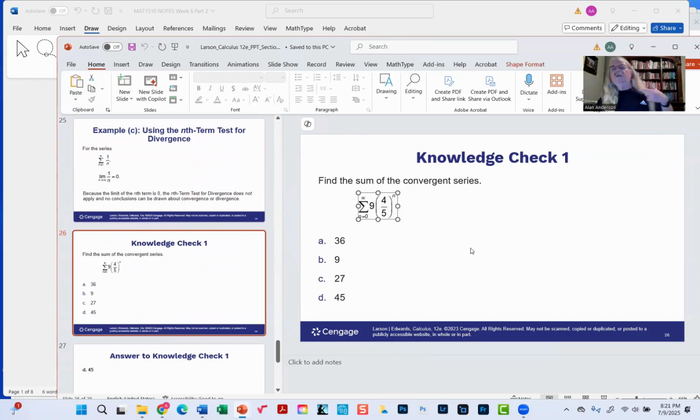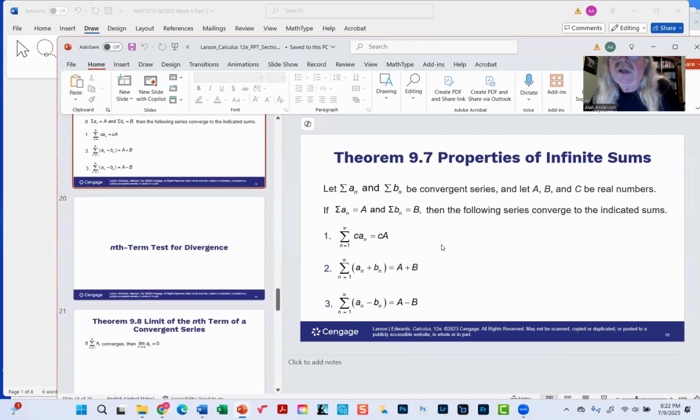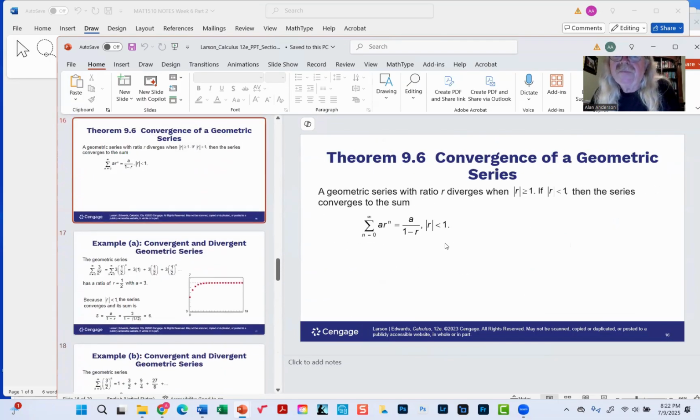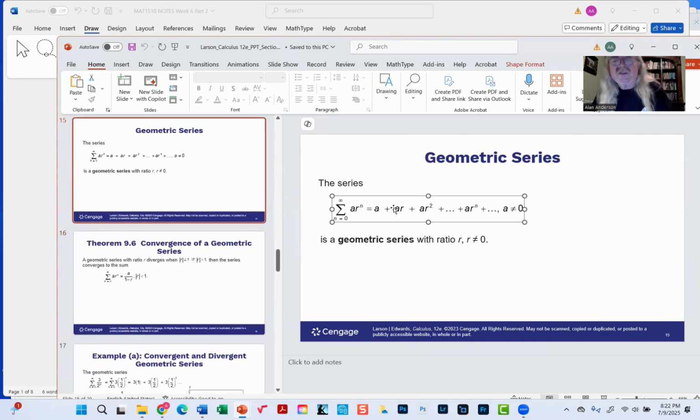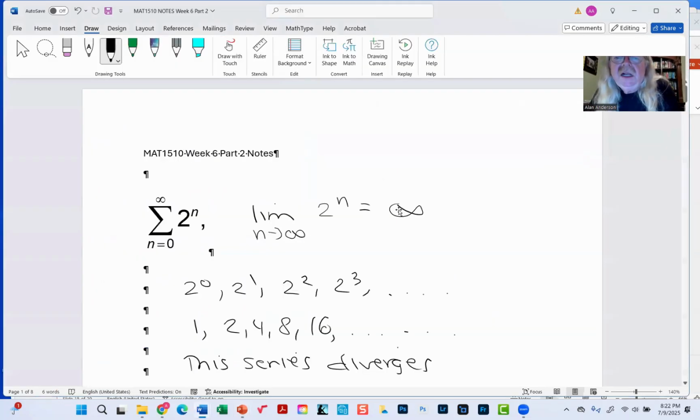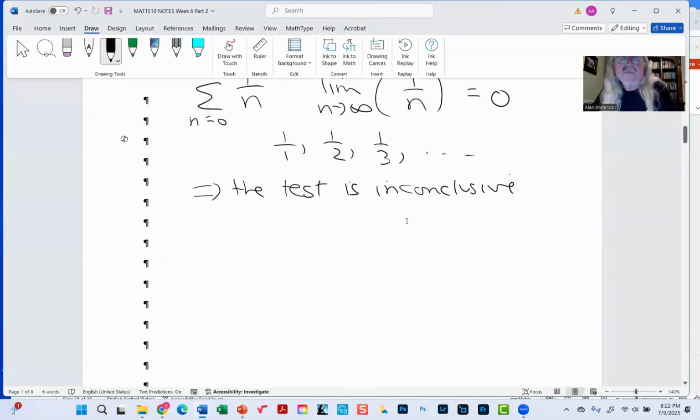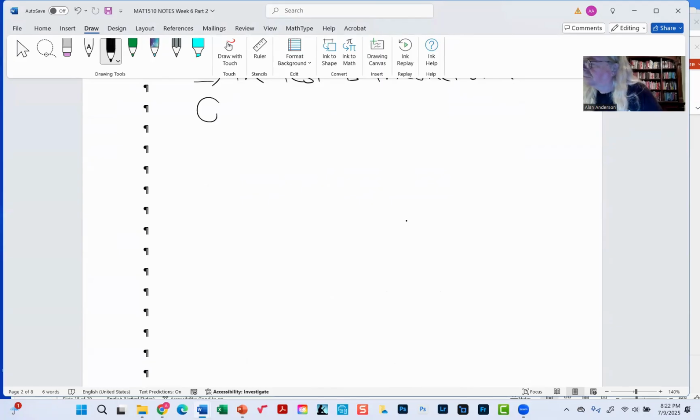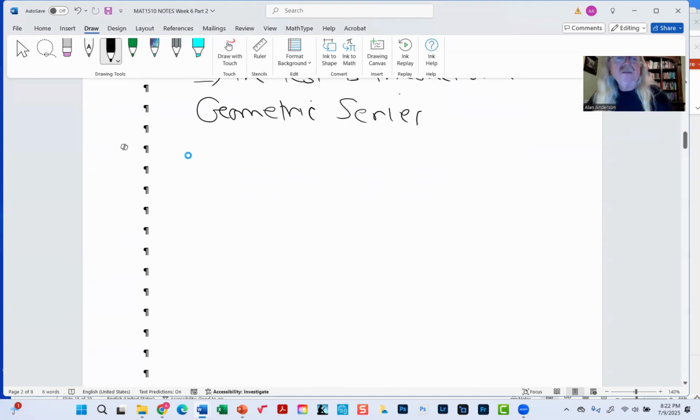Now, in order to do this one, we have to go back a little ways and remind ourselves of when we were introduced to geometric series. This is a geometric series. As a quick reminder, basically what you've got is a constant multiplied by r raised to a progressively larger exponent.